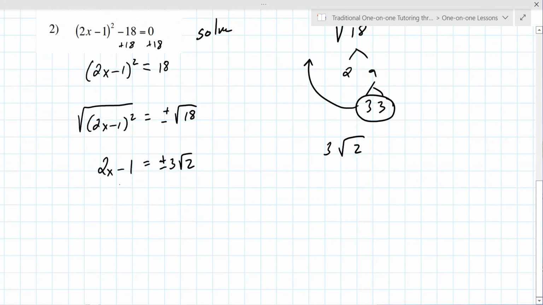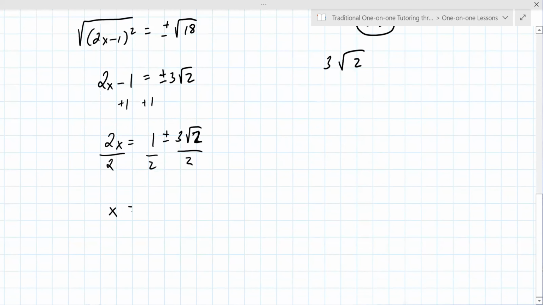Okay, and then you add 1 to both sides. Now you can't really combine anything with this on the right, unless you had a square root of 2 to combine with it. You're sort of in this position where you're just going to have this expression that doesn't really look nice, but it's okay. That's what the instructor expects. And then you divide both sides by 2.